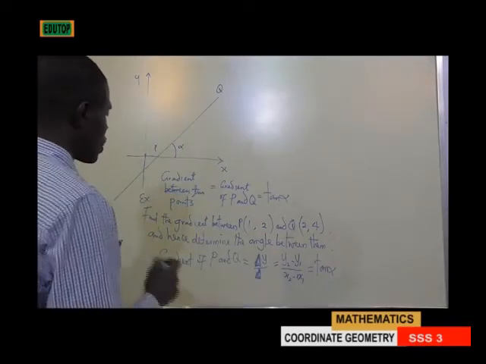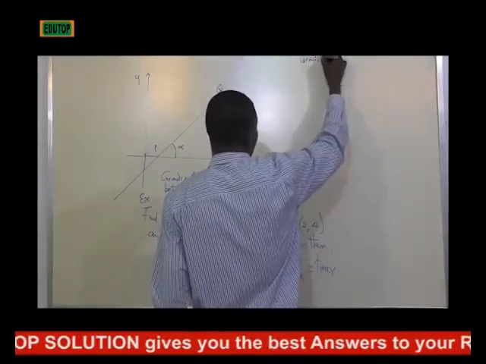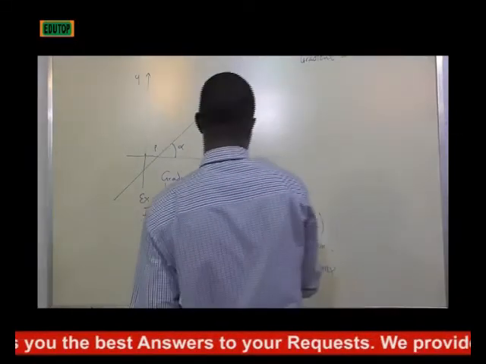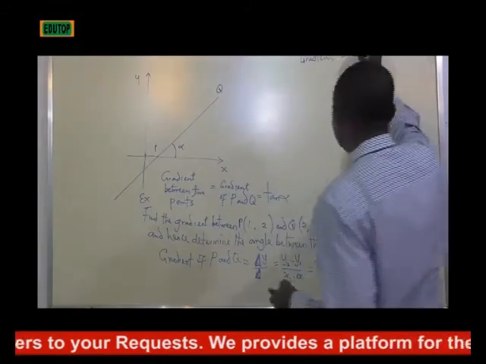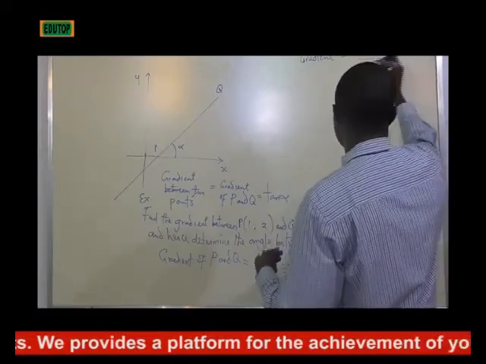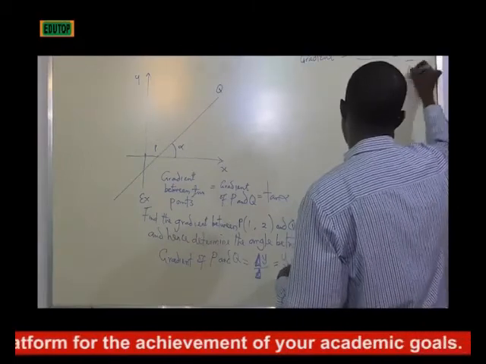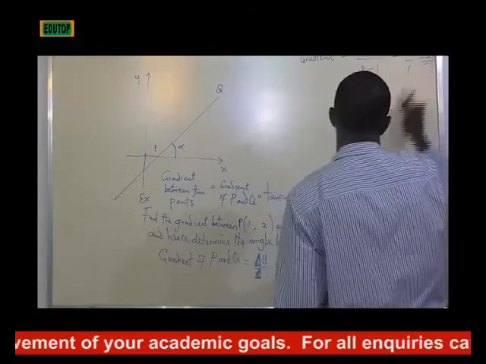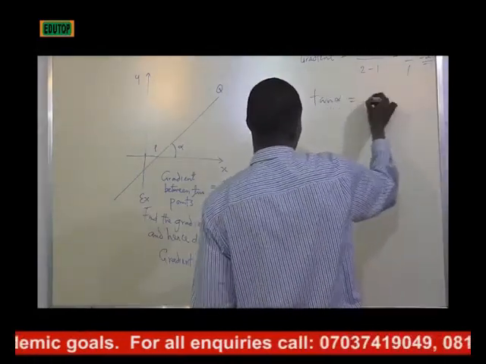So y2 is 4, minus y1, which is 2, over x2 minus x1, so we have 2 over 1, and that is 2. That means the gradient is 2. Then tan alpha is equal to 2.